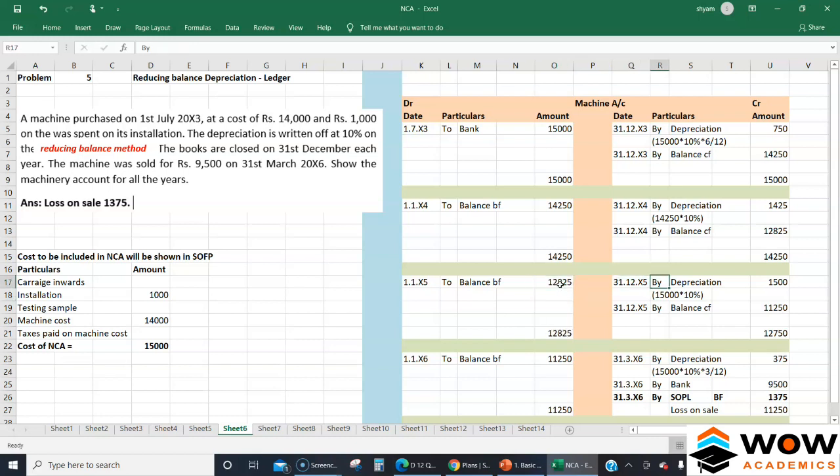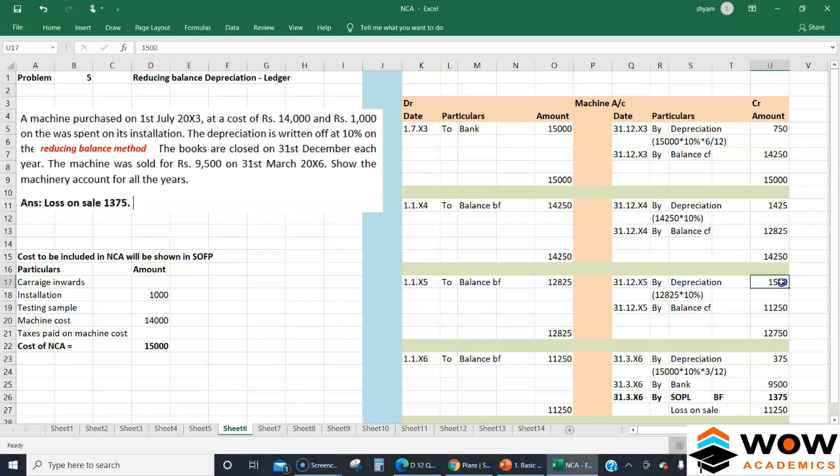Again we have to provide depreciation, and this time we provide it on 12,825.